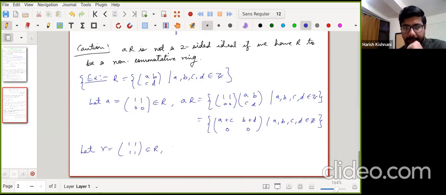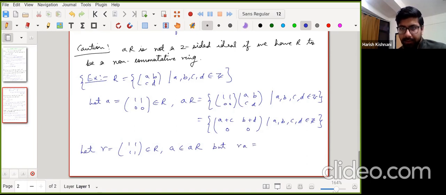You have to pick an element from this set also. So A belongs to AR, right? You can just take a, b, c, d to be an identity matrix. When you multiply this with an identity matrix, you are going to get A again. So A belongs to AR, but what about the multiplication R of A?